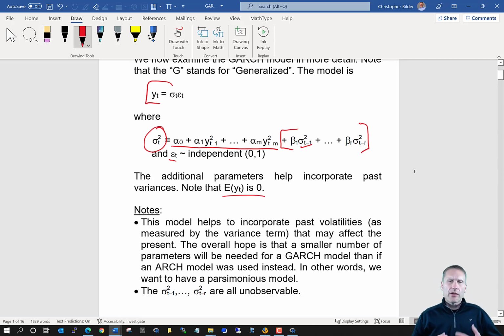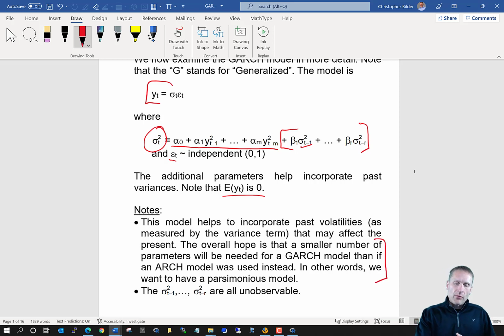So the purpose of these GARCH models is to incorporate past volatilities, as measured by these variance terms, that perhaps could affect the present.